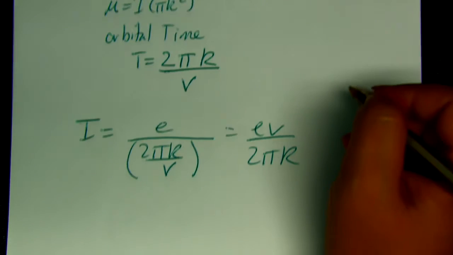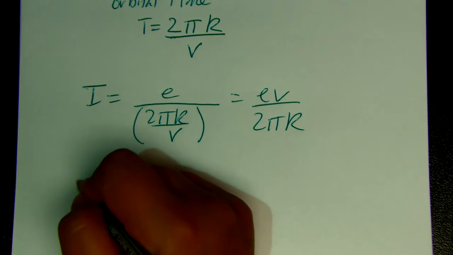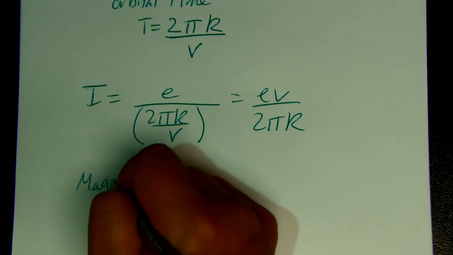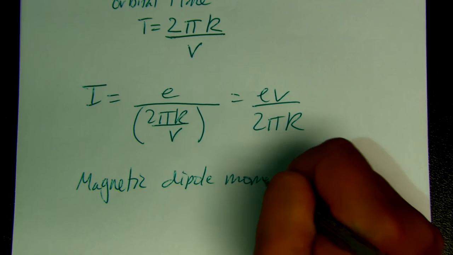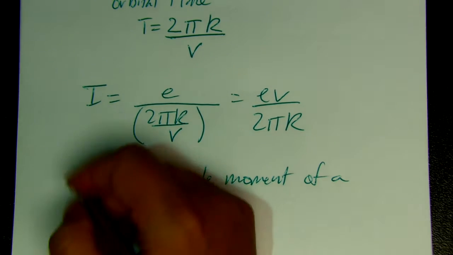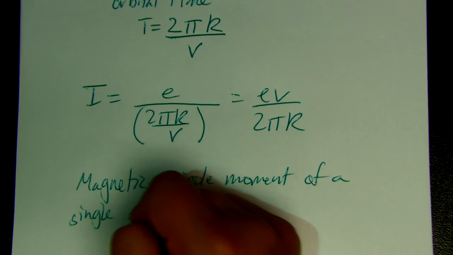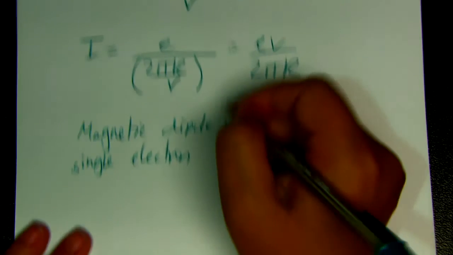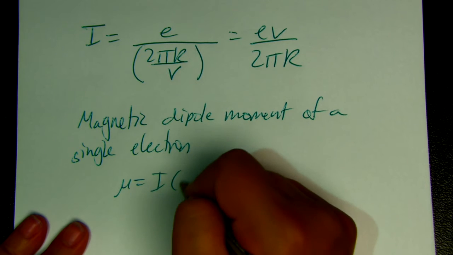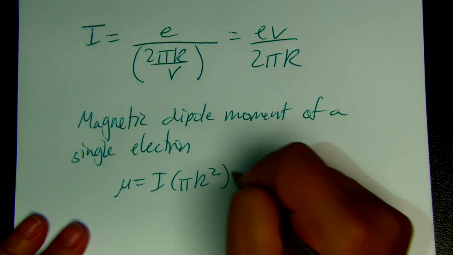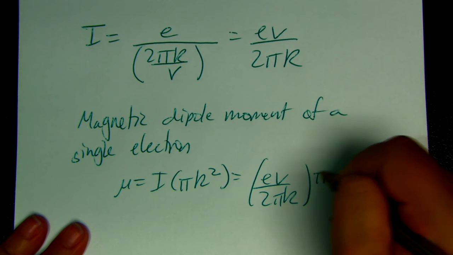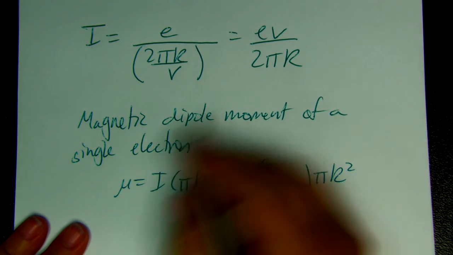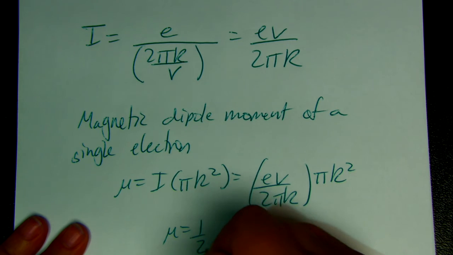And so the magnetic dipole moment of a single electron, mu, is equal to I pi r squared, which is e v over 2 pi r times pi r squared. Mu is equal to 1/2 e r v.